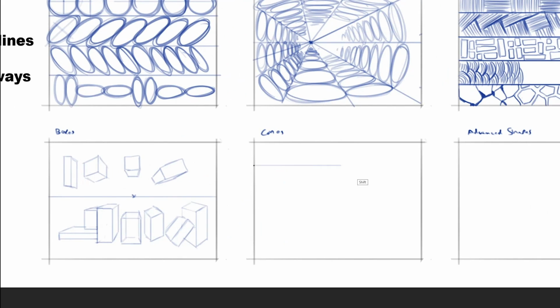Next sheet will be cylinders, cones, pyramids, and other basic shapes drawn all over the sheet using 1, 2, or 3-point perspective.